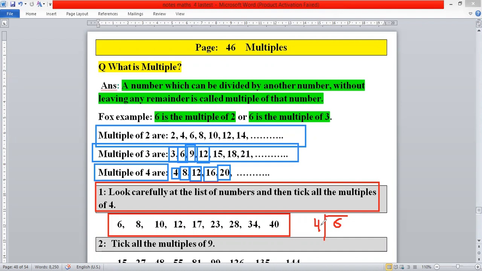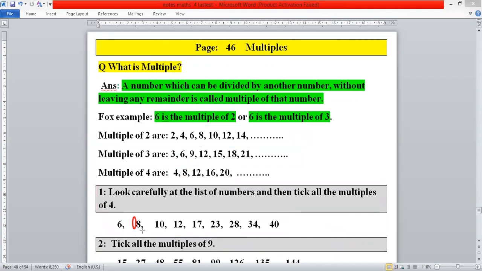Otherwise, the number will not be the multiple of 4. So 4 ones are 4, 6 minus 4, remainder is 2. So it means 6 is not the multiple of 4.